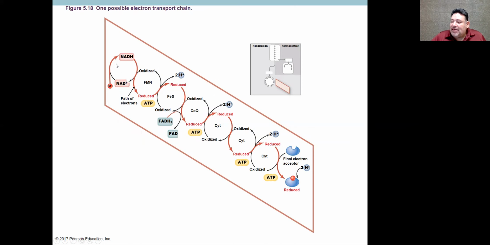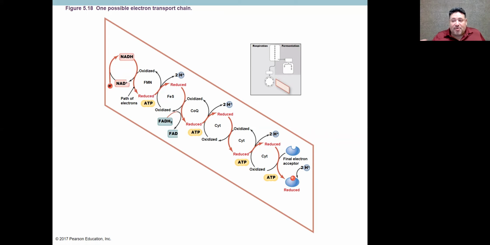Okay, so we have all these centers that play hot potato with the high energy NADH and FADH to create a proton gradient in the intermitochondrial membrane. Okay, so there's 2 membranes, and right between the 2 membranes, we're producing a proton gradient.